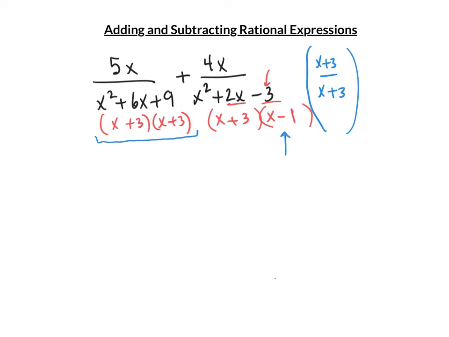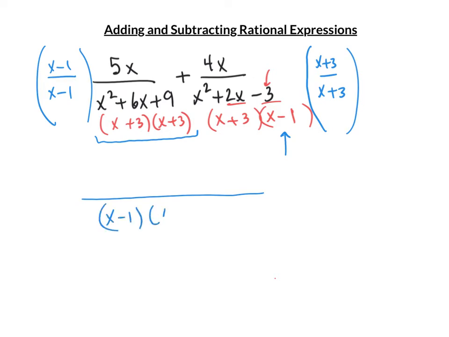This denominator has an x minus 1, which means this denominator will also need an x minus 1. You're doing the least you can do and make the denominators the same. Now my common denominator, everything is over x minus 1 times x plus 3 quantity squared.